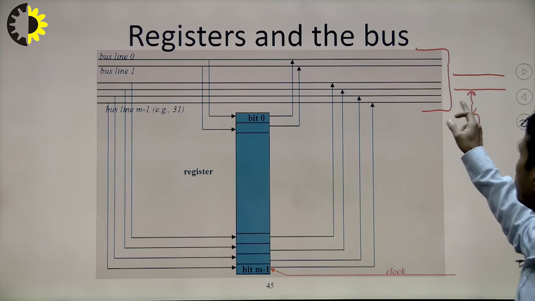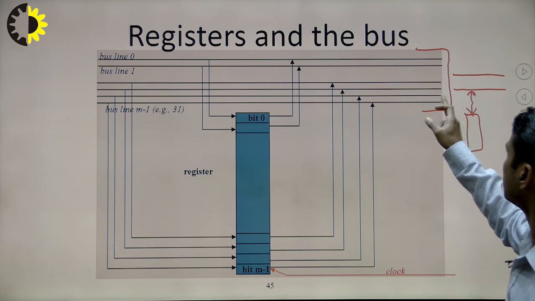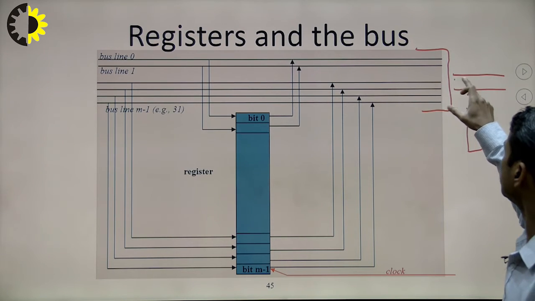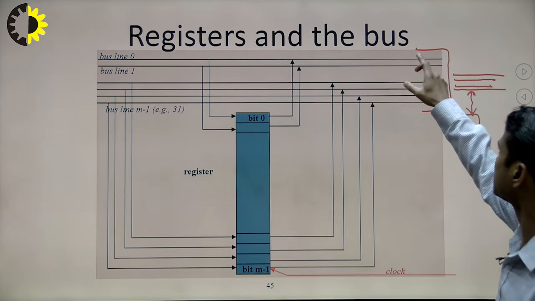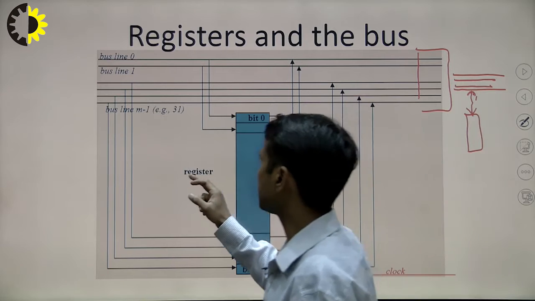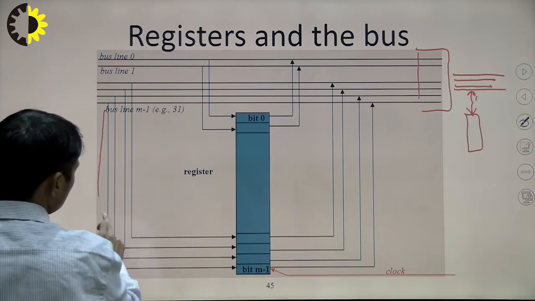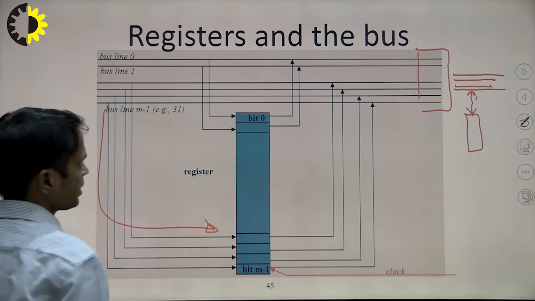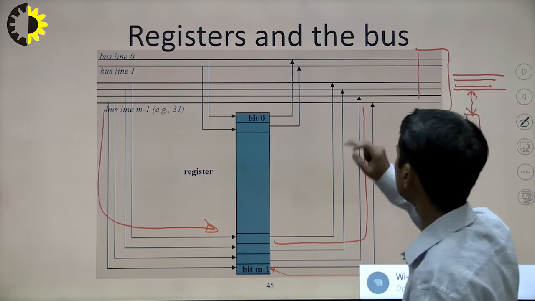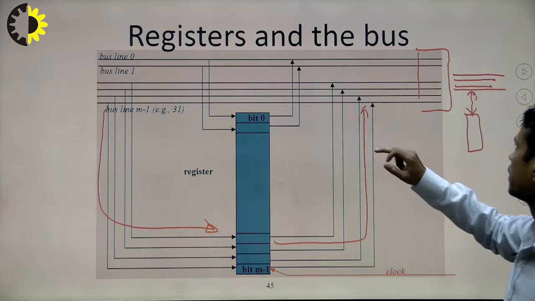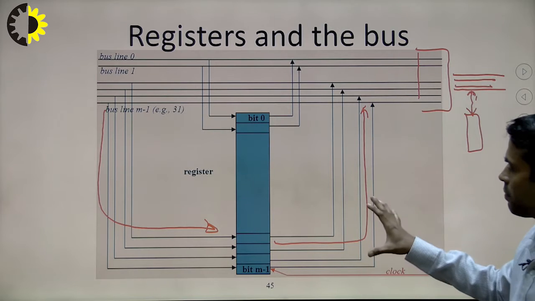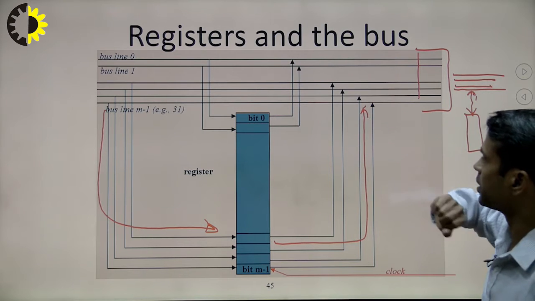So, if we identify this small abstract view, this bus contains multiple lines, and this arrow which is bidirectional is basically nothing. This is the input which is happening to the register, and then from the register it is going as output to the bus. So, this bidirectional operation is basically done through multiple wires which is of the size of the bus.